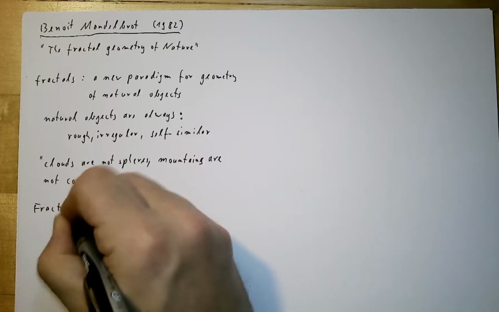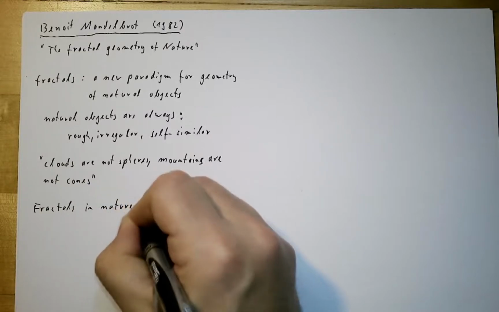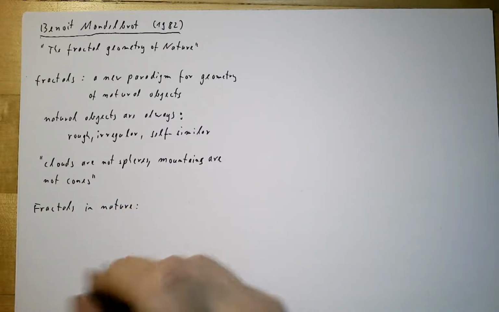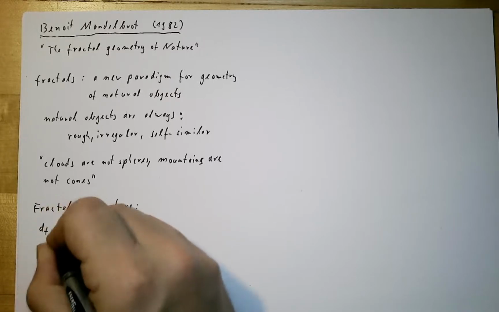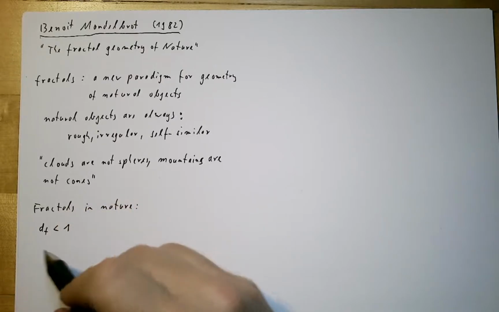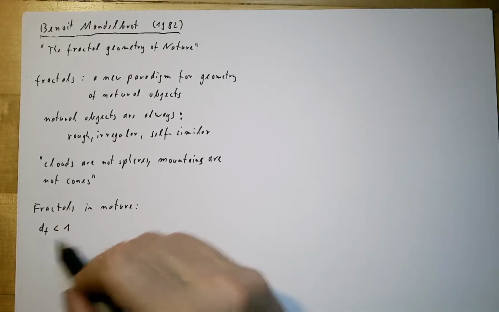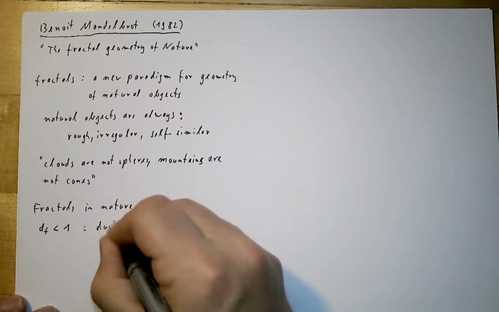and then maybe we have to distinguish fractals in nature a little bit. First, you have objects that have a fractal dimension smaller than 1. So objects which have a fractal dimension of 0 point something, and this is often called dust.